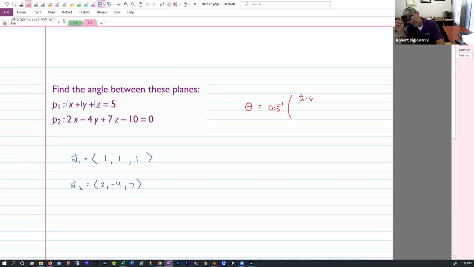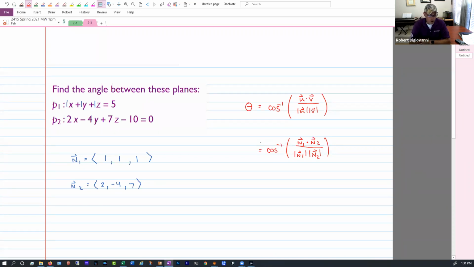Yep, so u dot v over magnitude of u, magnitude of v. But for us, I'm using n1 and n2. So I'm just going to rewrite the formula. It's going to be cosine inverse of n1 vector dotted with n2 vector, over magnitude of n1 vector times magnitude of n2 vector. And we should be in business if we can do this, right?